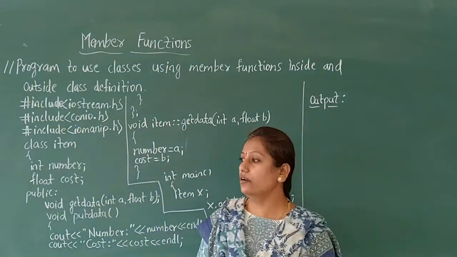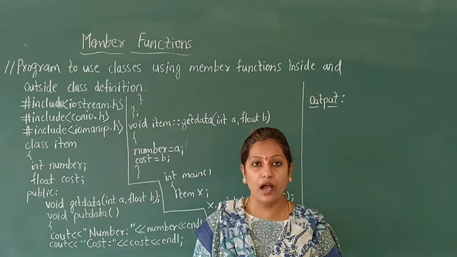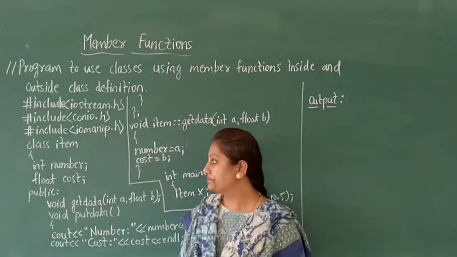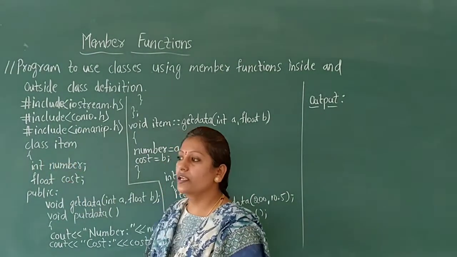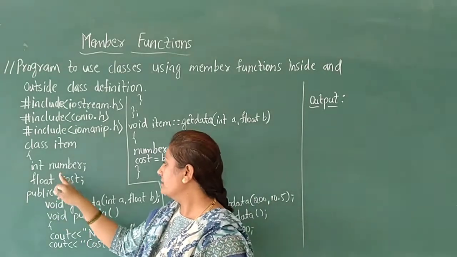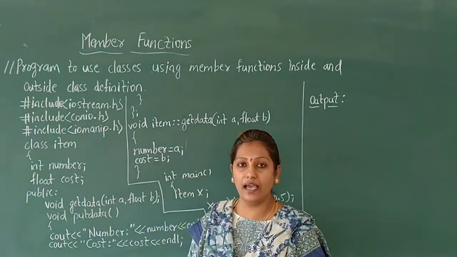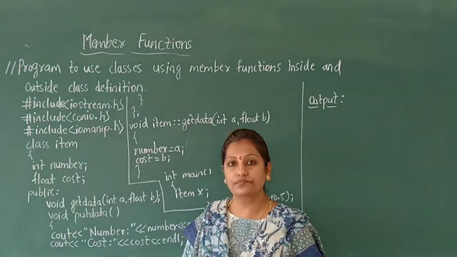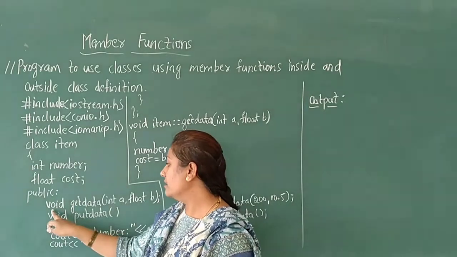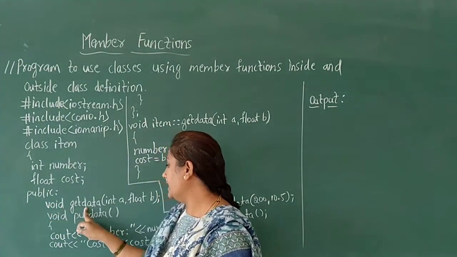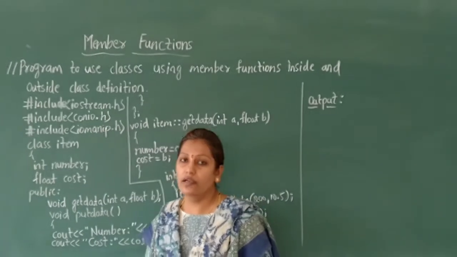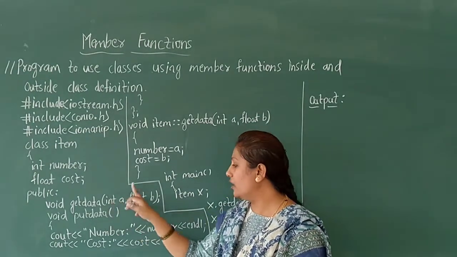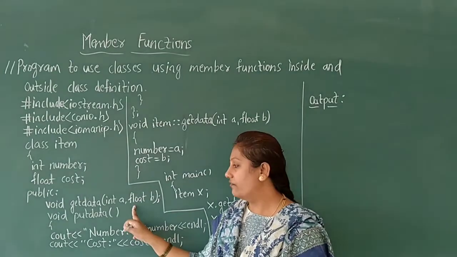Yes, we'll trace this program step by step, how it executes the instructions one by one and generates the output. Class item is created, then number and cost data members are declared under private access, and these data members are accessed within the class. Next, getdata, and here we declared two arguments, an int and a floating point value.